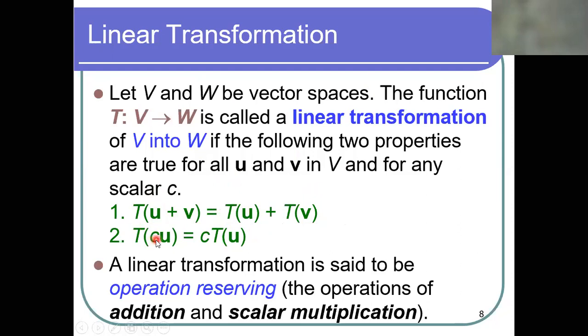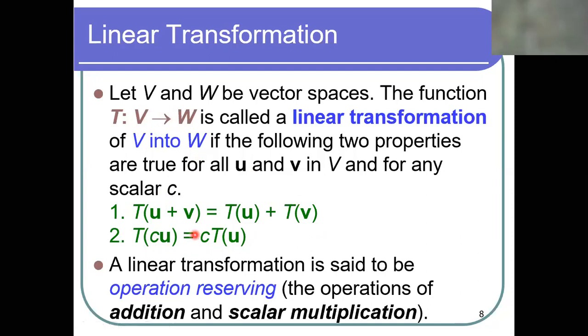And if you multiply a constant with U and take its transformation, it is equivalent to first taking the transformation of U and then multiplying it with c. If these two properties are satisfied, then we can say T is a linear transformation from V to W.